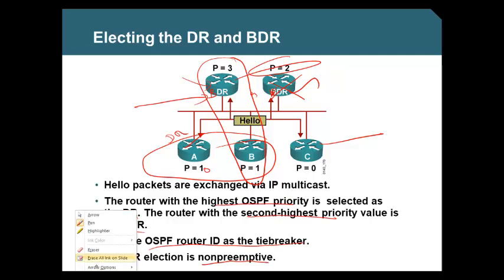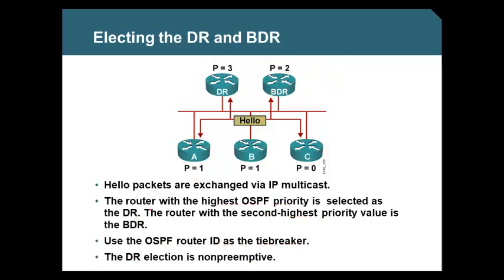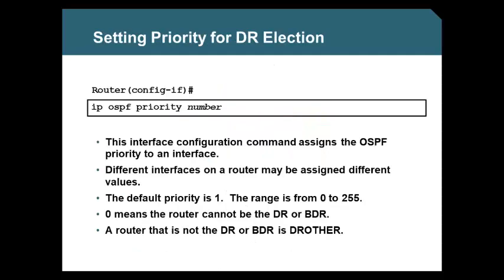If you wish to set priority, this is the command. I remember when I did the lab, I used this command in the notepad: ip ospf priority, and then I gave a number. I told you, if the priority is 0, it means it won't participate in the election. It cannot be a DR or BDR.